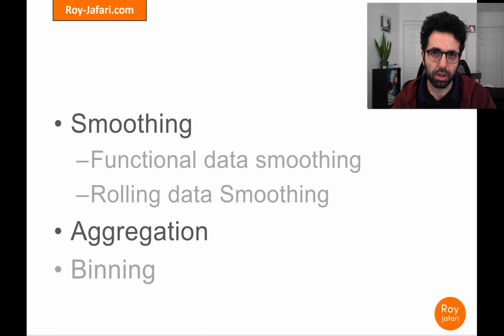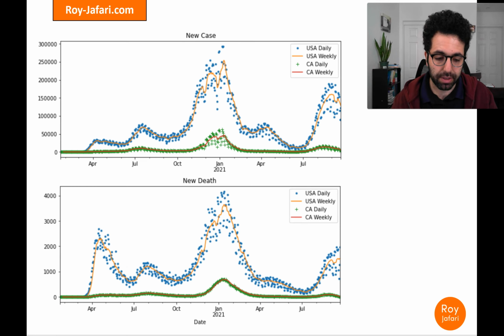All right, so let's now talk about aggregation. Aggregation is very similar actually to rolling data smoothing. But what is the difference is that with aggregation, we actually shift from one data object to a definition of data object from one to another. For instance, in this case, we have the daily COVID cases in the US and in California, right?